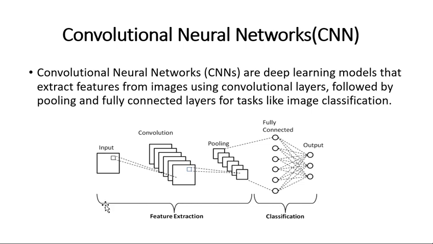Whatever output is coming from the convolution and pooling layer will be sent to the second convolution layer, and it is acting as a hidden layer in the neural network concept. Likewise, we can take any number of layers to extract the features based on the input and the data set.